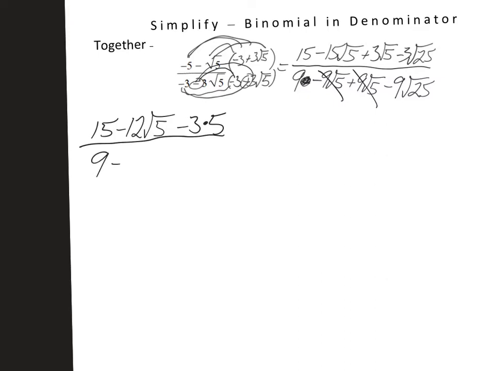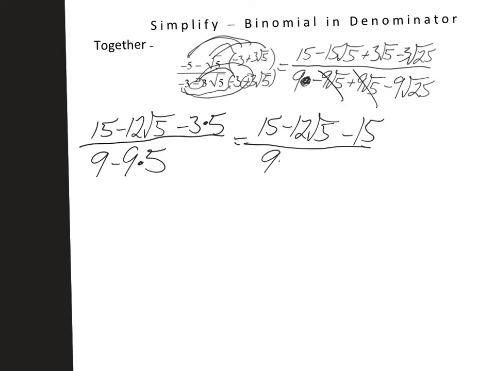So I have 9 minus 9 times, what's the square root of 25? Just a plain 5. So let's go ahead and finish this out.